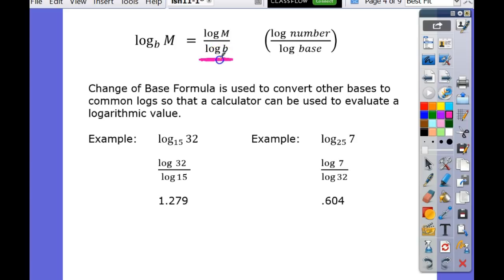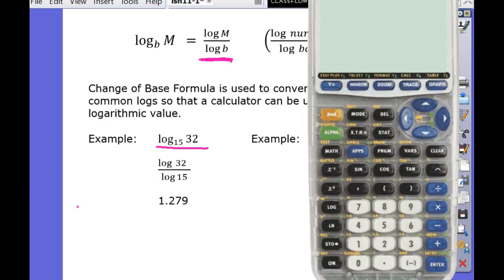These logs in this formula are base 10. If I change it to base 10, I can use my calculator to calculate it. If I have log base 15 of 32, I can put that in my calculator if I change it to base 10.